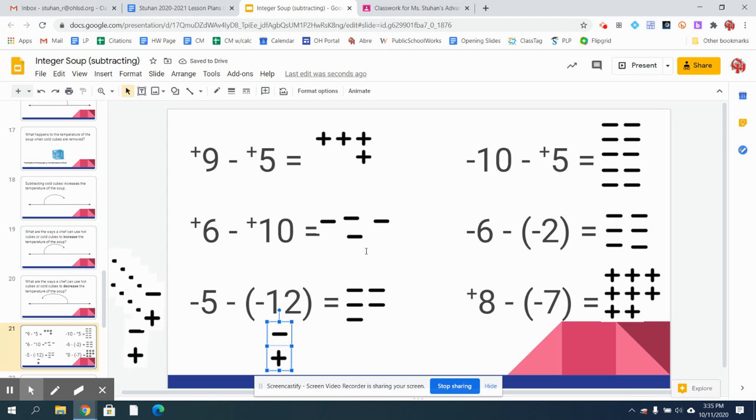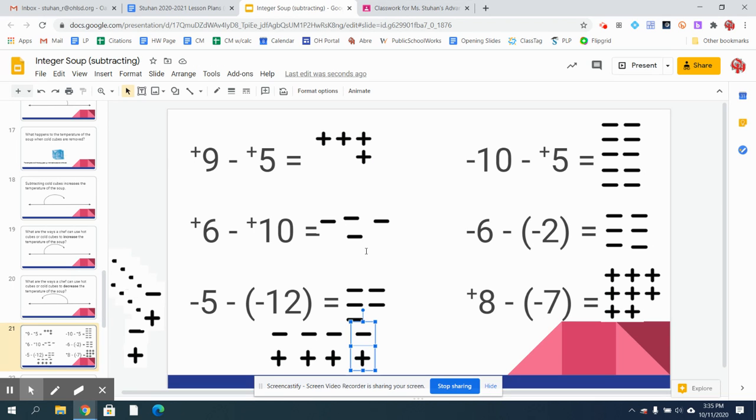So we're going to add 1, 2, 3, 4. Do we have enough cold cubes yet? Nope, we're trying to get to 12.